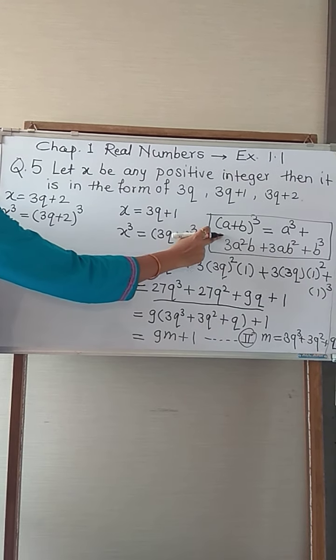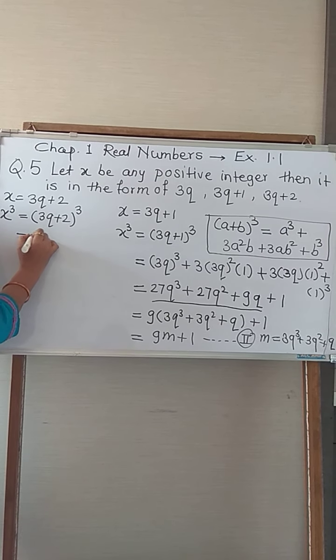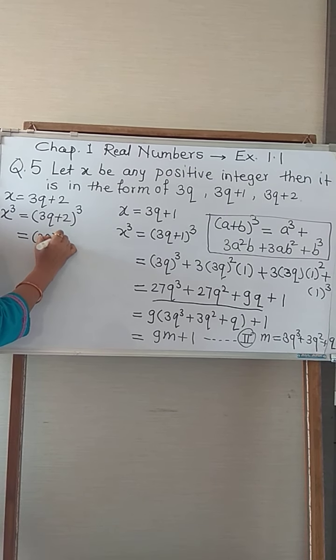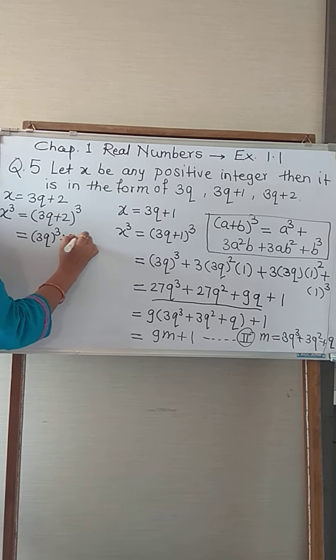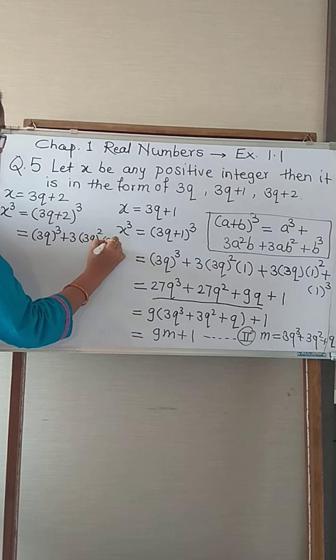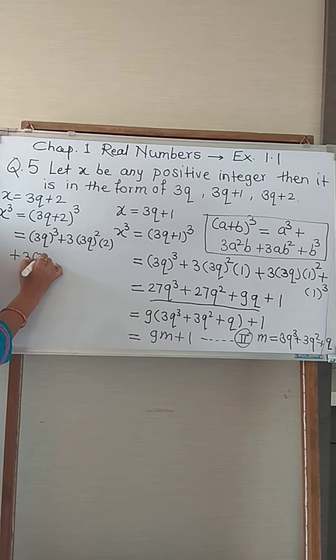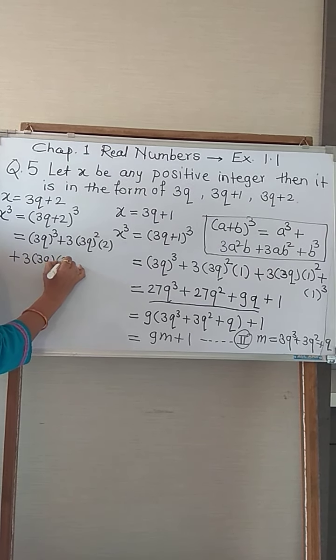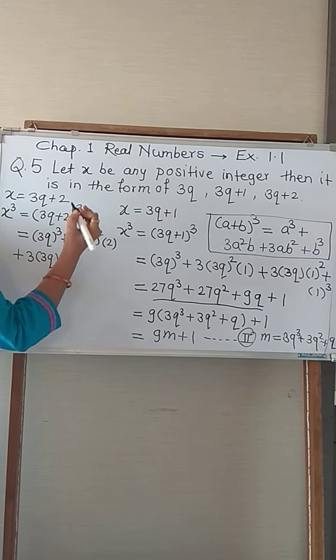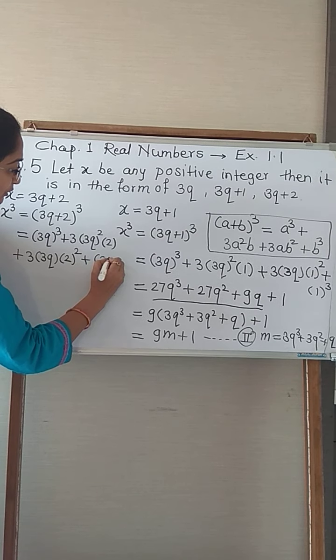Again using the same identity, that is (a plus b) cube, expand this bracket. So (3q) cube plus 3 into (3q) square into 2, that is the second term, plus 3 first term 3q, second term square, so 2 square, plus the second term cube, that is 2 cube.